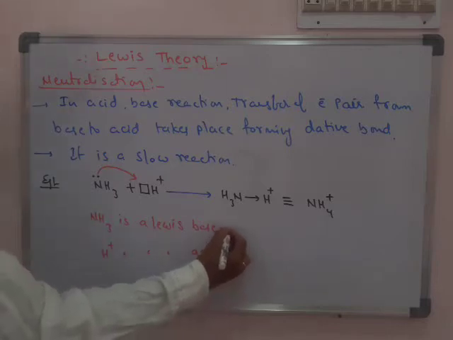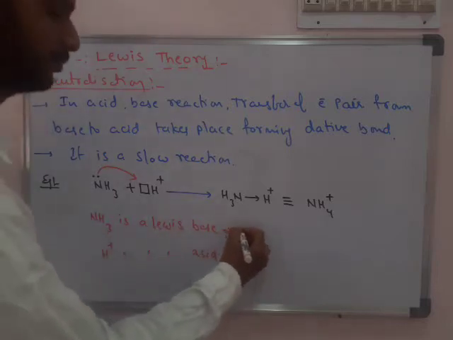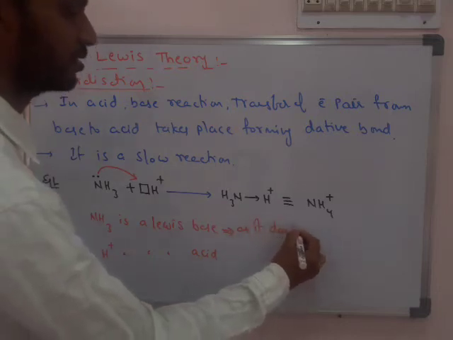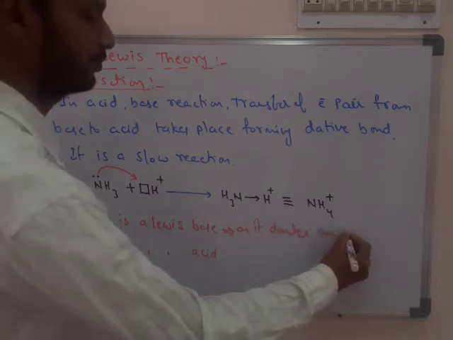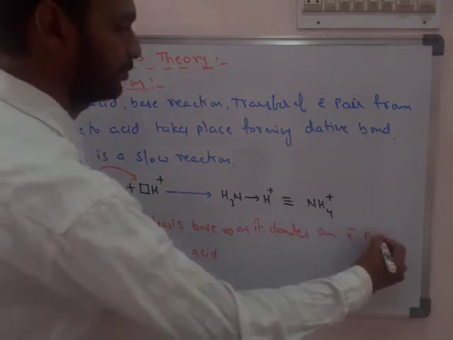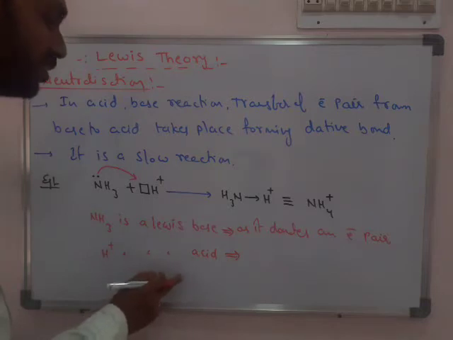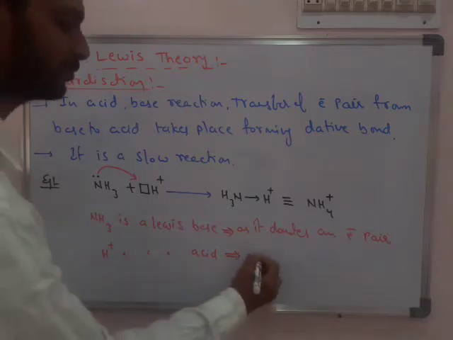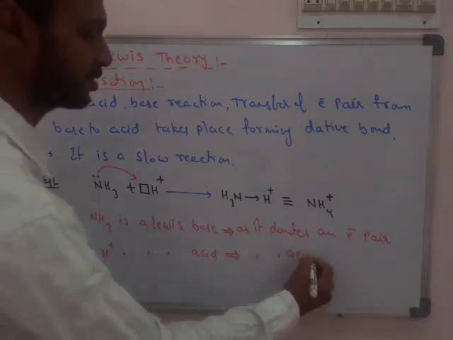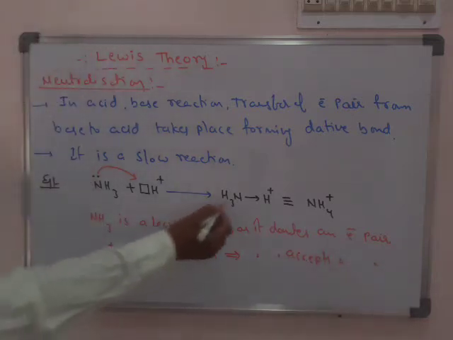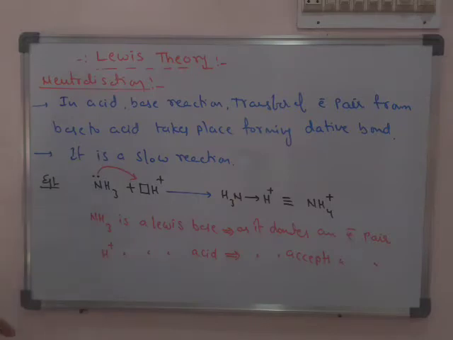We say NH3 is a Lewis base as it donates an electron pair, and H+ is treated as a Lewis acid as it accepts an electron pair, forming a dative bond between them.